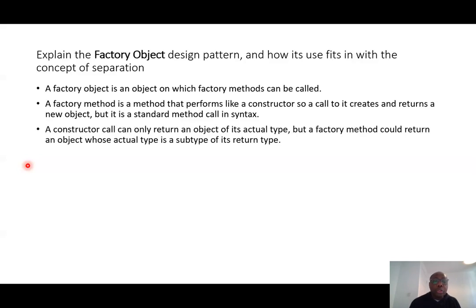A constructor can only return an object of its actual type, that is the type that created it. The actual type, as we said yesterday.